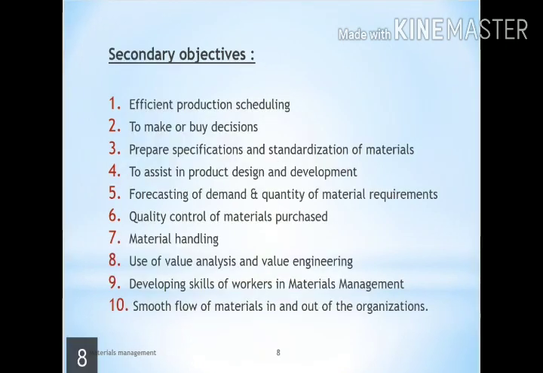These are the secondary objectives: efficient production scheduling, make or buy decisions, preparing specifications and standardization of materials, assisting in product design and development, forecasting of demand and quantity of material requirements, quality control of materials purchased, material handling, use of value analysis and value engineering, developing skills of workers in materials management, smooth flow of materials in and out of the organizations.